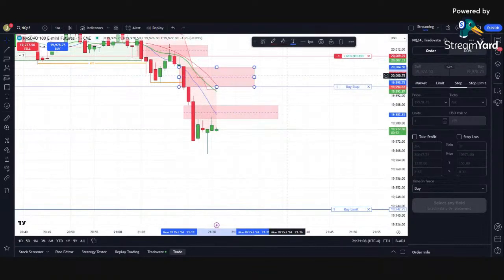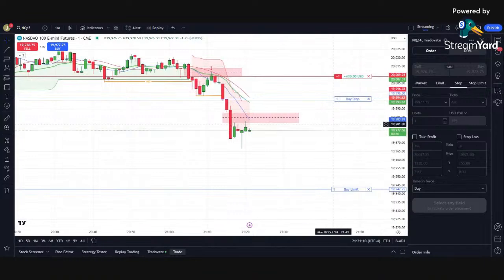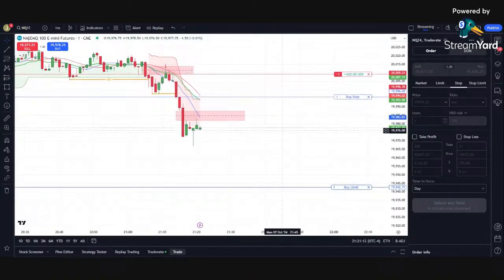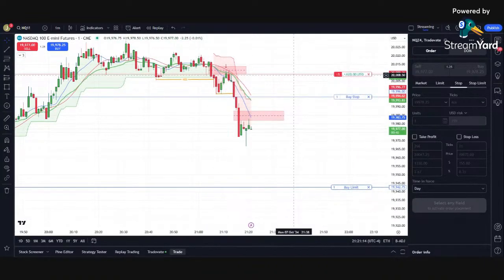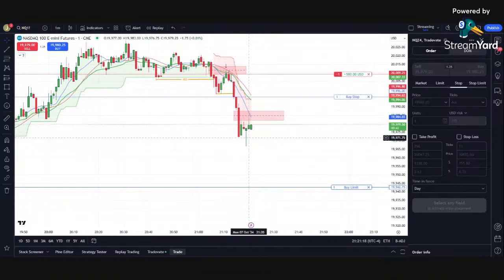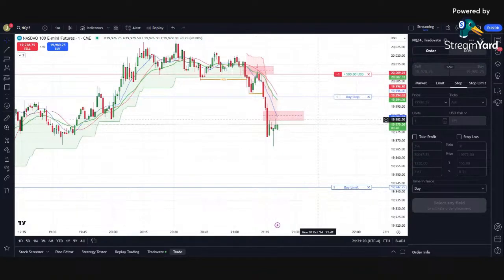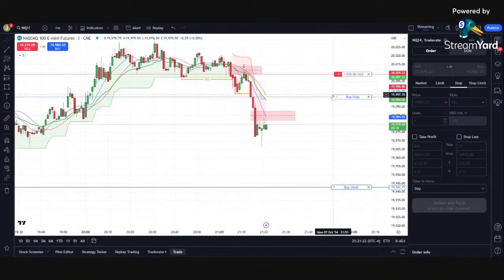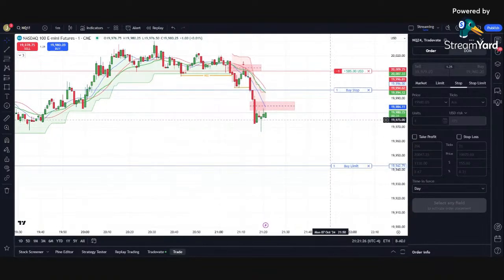So now I secured my trade. I have a very good entry, and I'm not afraid that the market will go against me, because if it goes against me, I already have 250 maybe or 300, right?